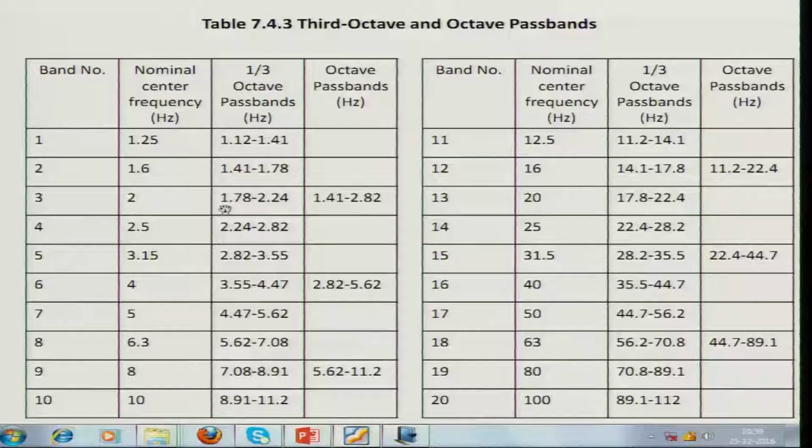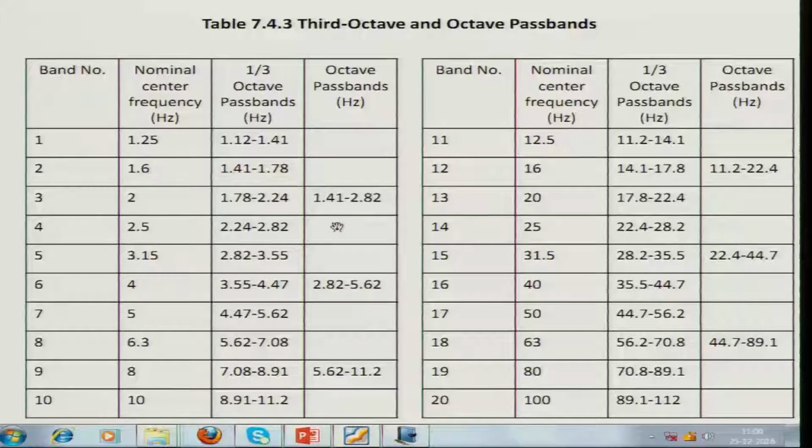Lower frequency limit 2 divided by cube root of 2, higher frequency limit 2 times cube root of 2. Then you go to 4, and between 1 and 4 how many bands have passed? 3, right. So, each time you go up by 3 bands, your frequency doubles. So, here 1.25, this is 2.5, understood.